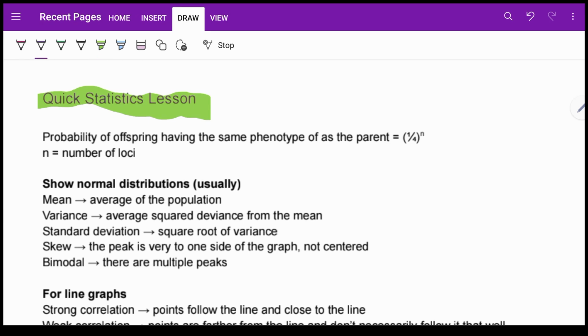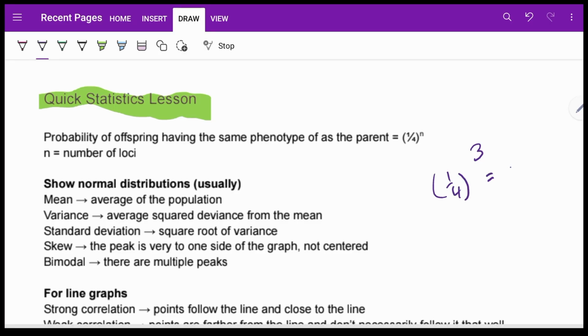Say if there are 3 loci, it would be 1 over 4 to the 3, which equals 0.0156. So that would be a 1.56% chance that this offspring would have the same phenotype as the parent.